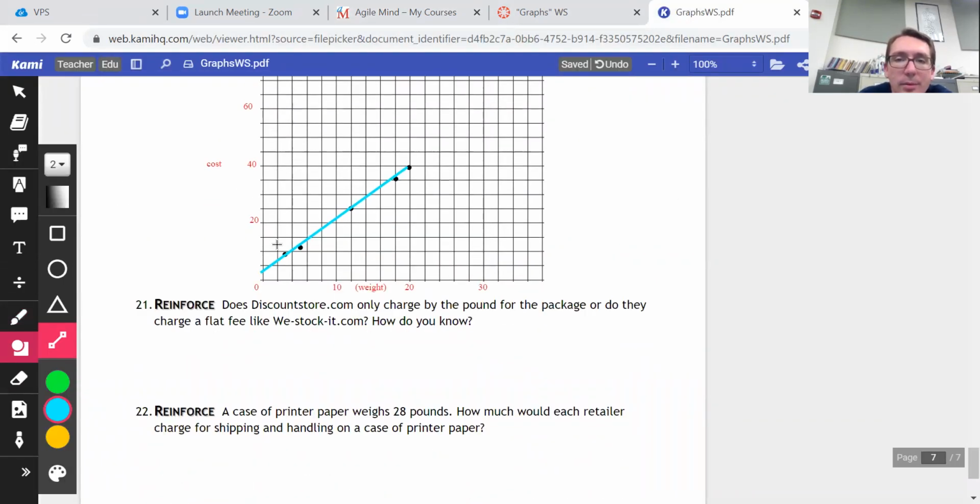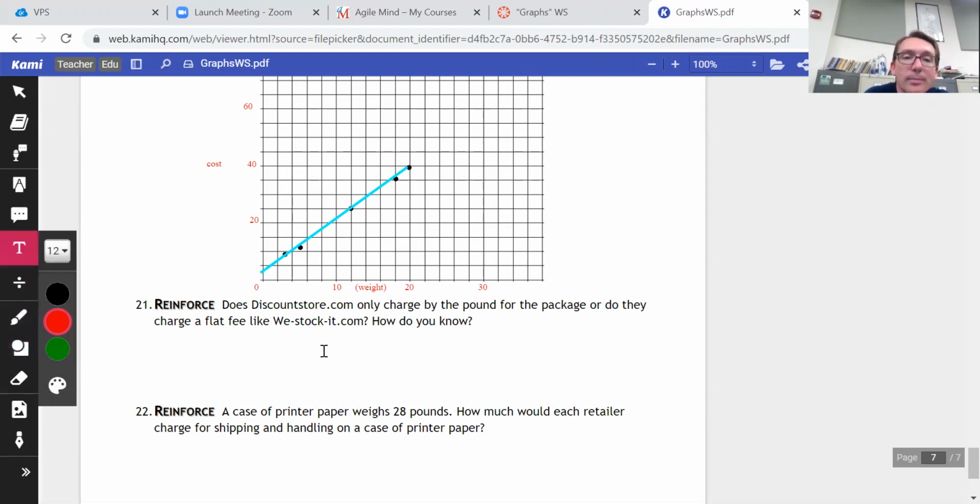Okay. Do they only charge by the pound, or do they charge a flat fee like we stock it? Do these guys charge a fee? You know what? It looks like they do. They charge like $3 as well, something like that. How do I know? Because this line doesn't go down to 0. It goes down to a point where it's above 0. So somewhere between 0 and 5, they charge that fee.